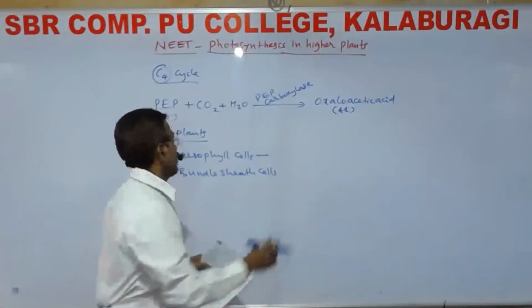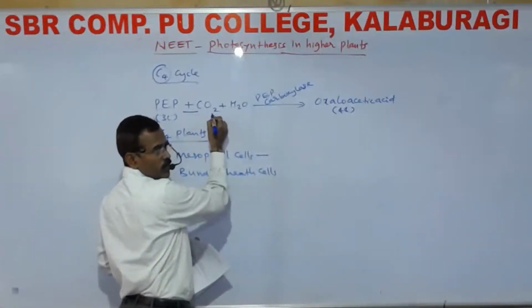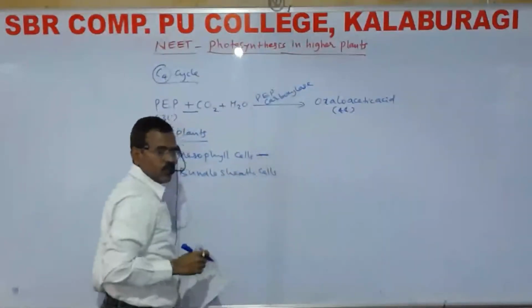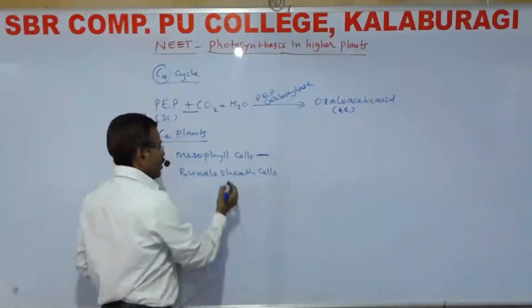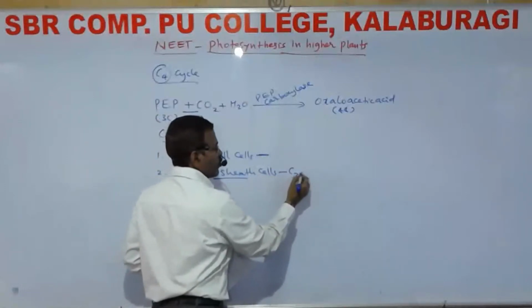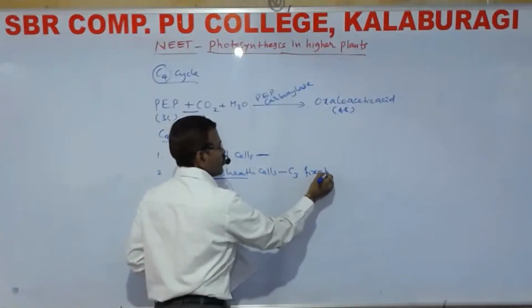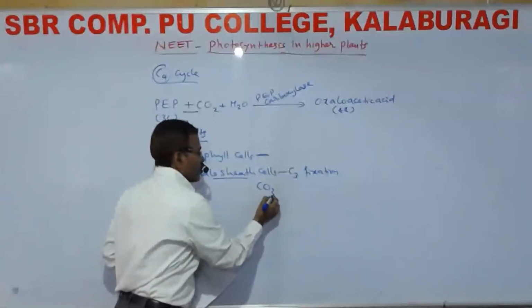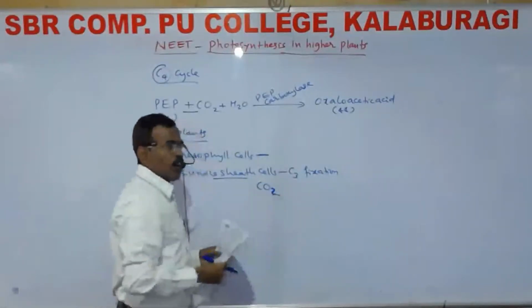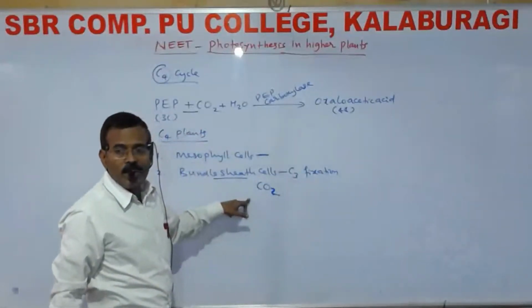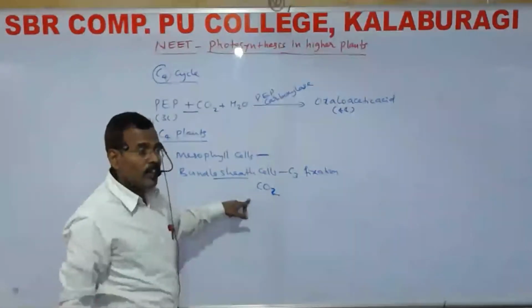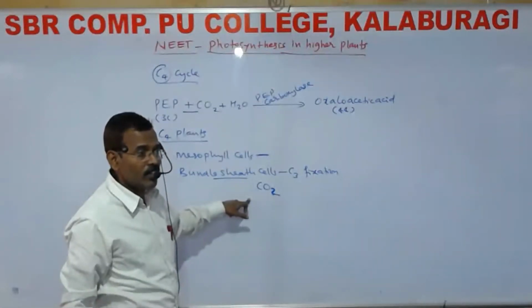So in this method of carbon dioxide fixation, first it occurs in mesophyll cells, then in bundle sheath cells, C3 fixation. The carbon dioxide for the C3 cycle will come from the decarboxylation of malic acid. When malic acid undergoes decarboxylation, it releases carbon dioxide.